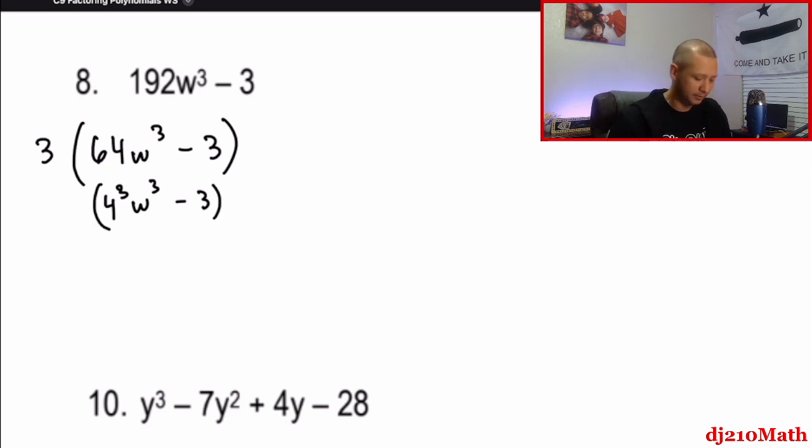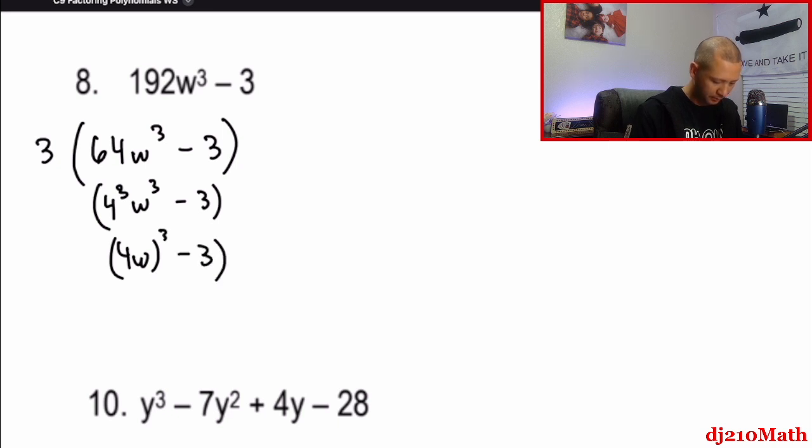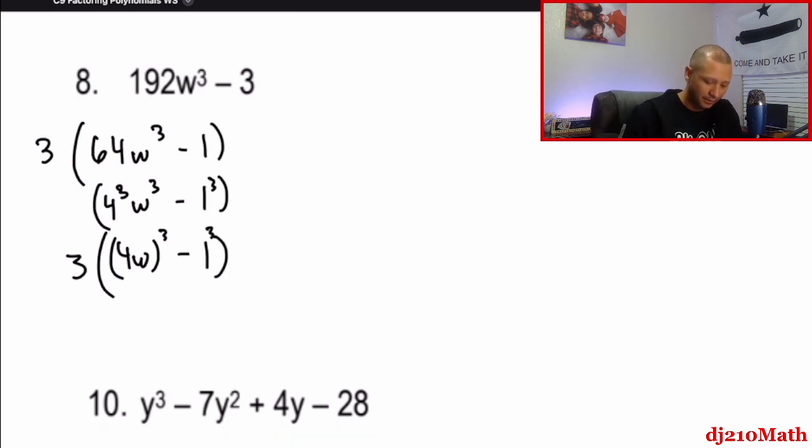It would be really nice if somehow the 3 had a cube on it. Let's think about this. Is it even possible? All right, so this is going to be 4w cubed minus 3. Oh, man. It's not 3. It's 1. Okay, that makes life so much better.